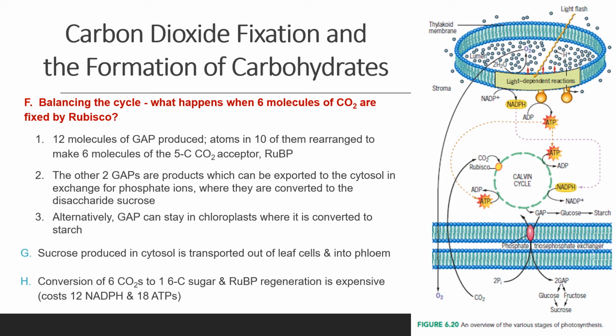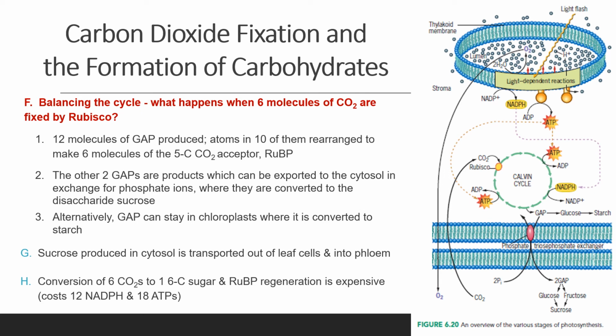So an overview of the entire process of photosynthesis, including the light reactions, phosphorylation of ADP, the Calvin cycle, and the synthesis of starch or sucrose, is shown in figure 6.20. Okay. So sucrose molecules that are formed in the cytosol from the GAPs of the Calvin cycle are transported out of the leaf cells and into the phloem, where they are carried to various non-photosynthetic organs of the plant.